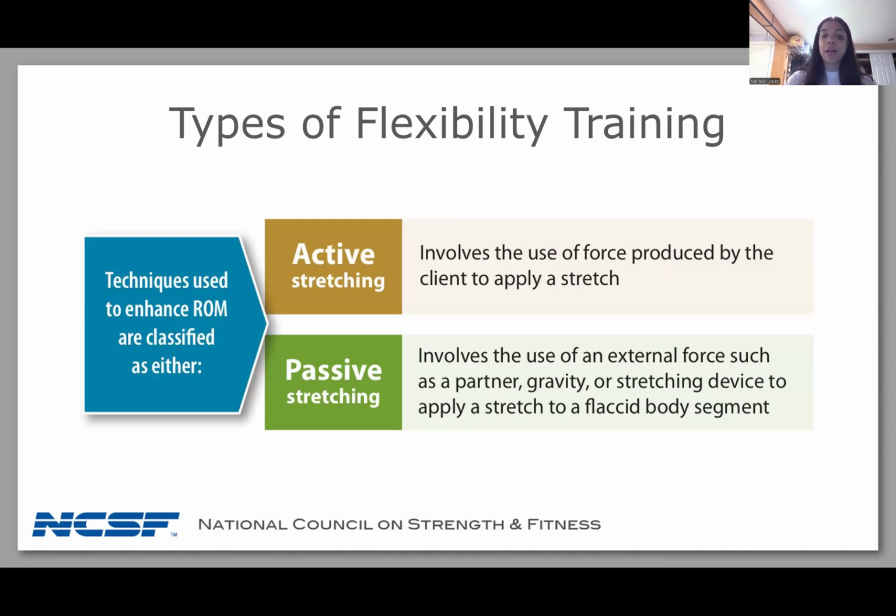And then passive stretching involves an external force. So you as a trainer can be applying this external force to the client, or a partner that they're working out with. Gravity can be something as well, but it's not as strong as somebody actually pushing them. There are also stretching devices, like a strap that they can use to pull the body segment closer to them.